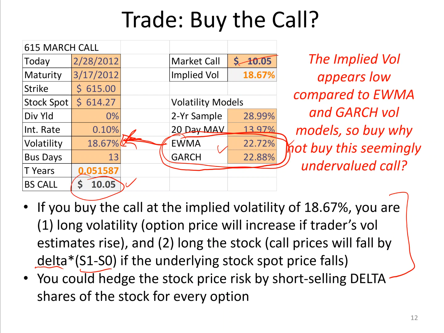Remember, delta is the exposure of the option price with respect to the stock. So if I can hedge out the stock price risk in the option by taking a position in delta shares, I can be left with simply my vol bet. And that's what I want to do.